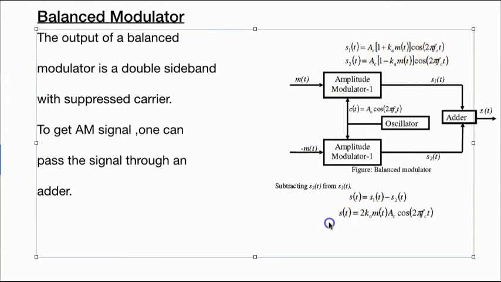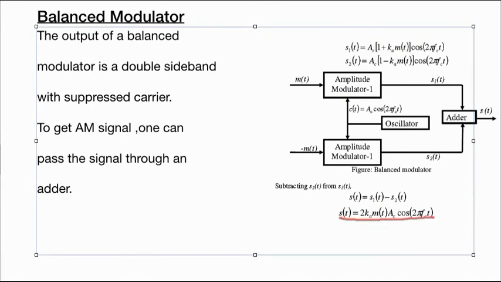Now this particular signal is for a suppressed carrier, DSB suppressed carrier. If you can see, the power required to carry a carrier signal is not present in the whole expression. It has been dropped. So such kind of signals are termed as double sideband suppressed carrier.